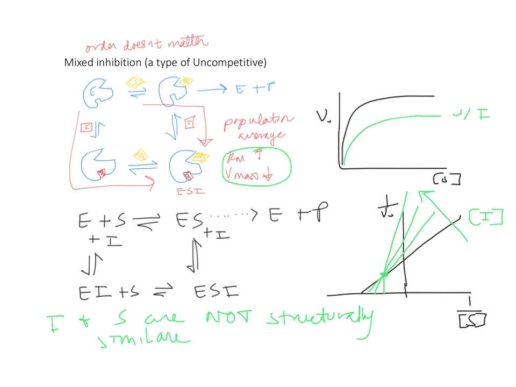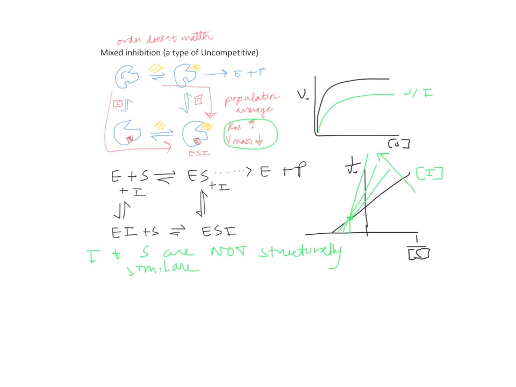And you cannot overcome this type of inhibition with a high concentration of S. It can't be done because they don't bind at the same site. And let's see, is there anything else I want to say about that?